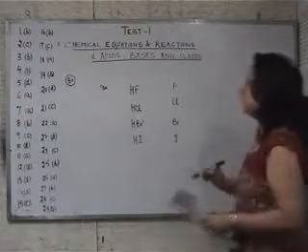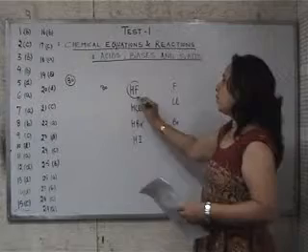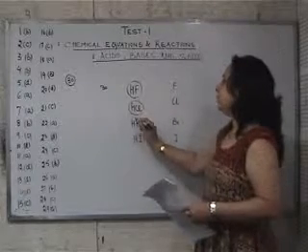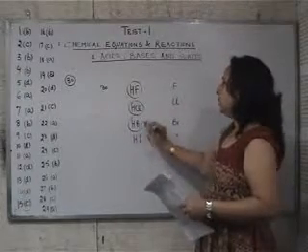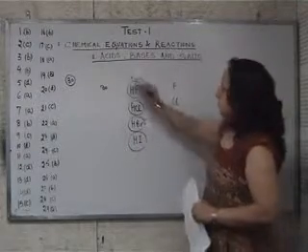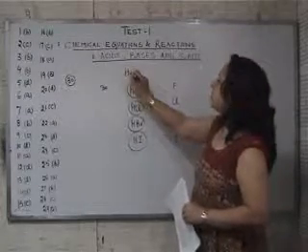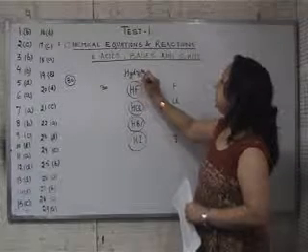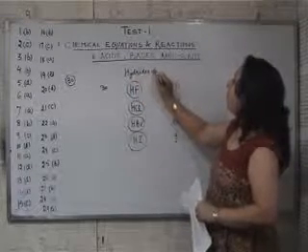Hydrofluoric, hydrochloric, hydrobromic, hydroiodic. These are hydrides of halogens.